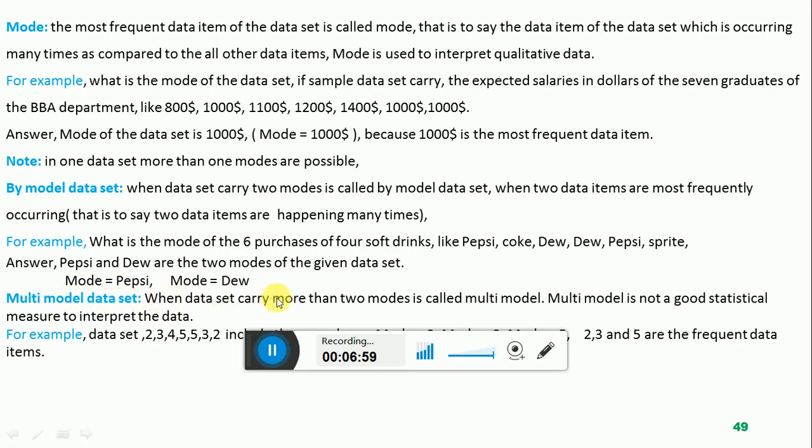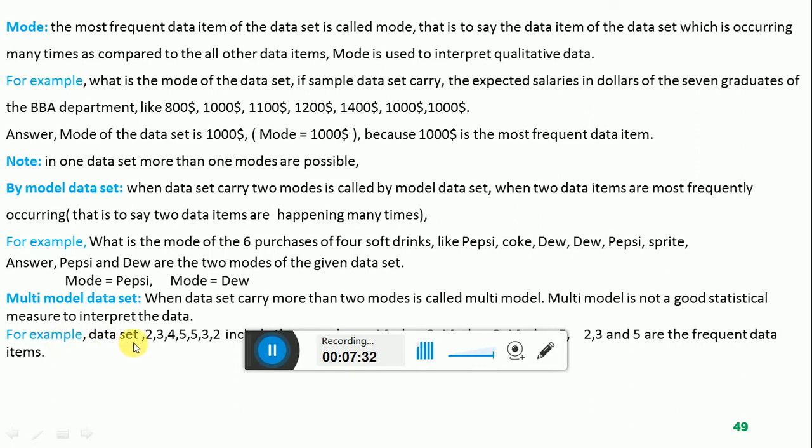When a data set carries more than 2 modes, it is called a multimodal data set. A multimodal data set is not a good statistical measure to interpret the data. Why is this not a good statistical measure? Because now we have more than 2 modes, so we cannot interpret the given data set using this large number of modes. For example, let me clarify this multimodal data set with one example.